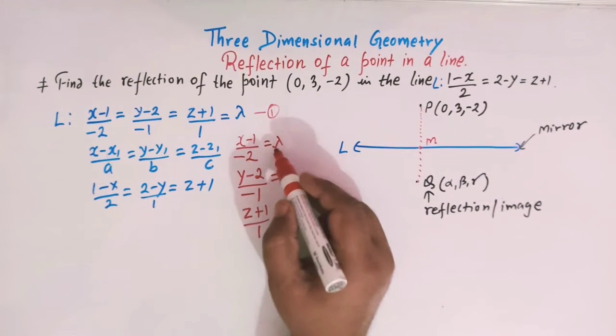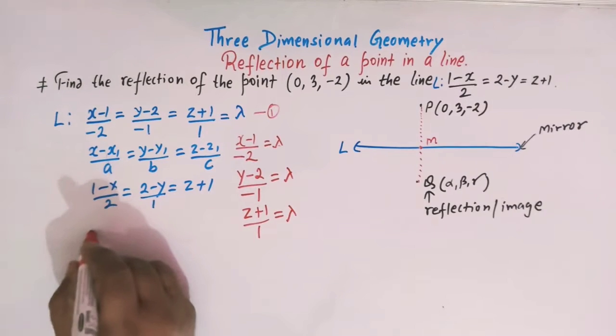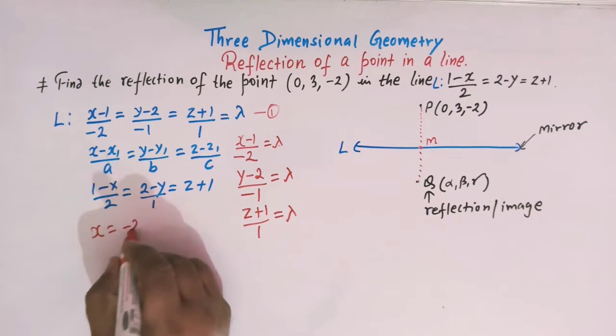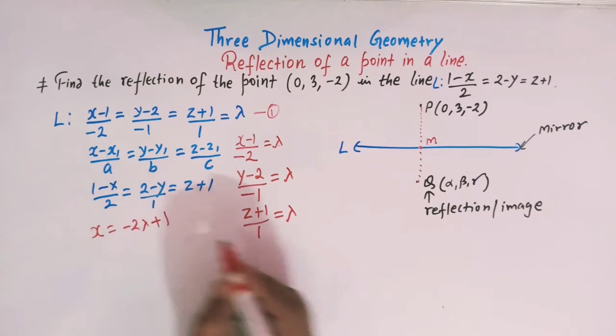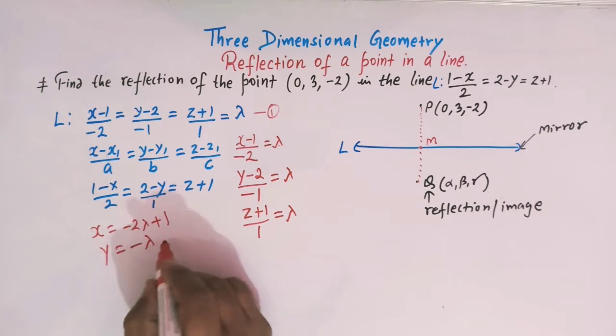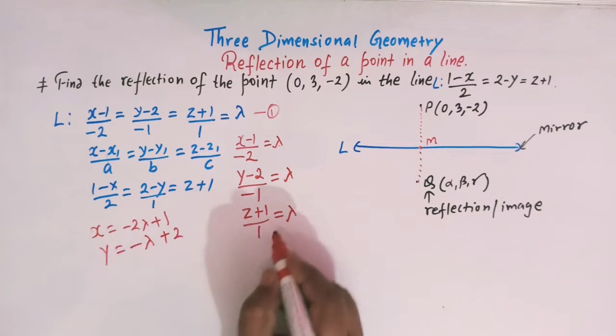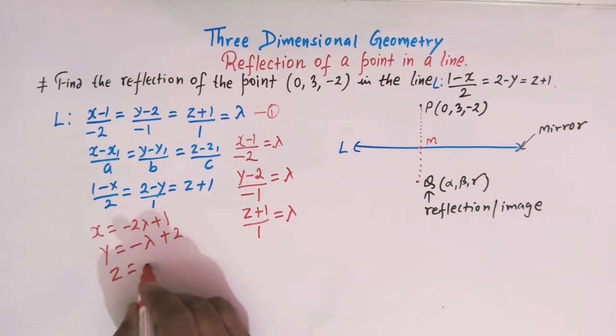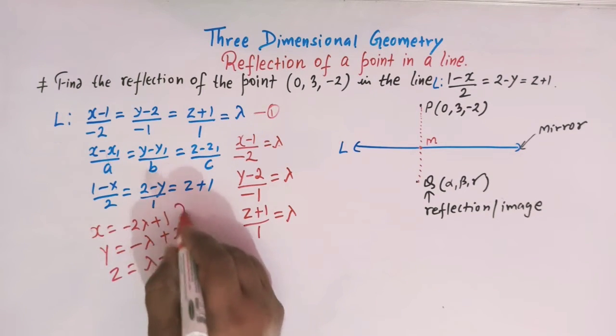So from this equation we'll have x is equal to minus 2 lambda plus 1. From here we have y is equal to minus lambda plus 2, and from here z is equal to lambda minus 1, right?